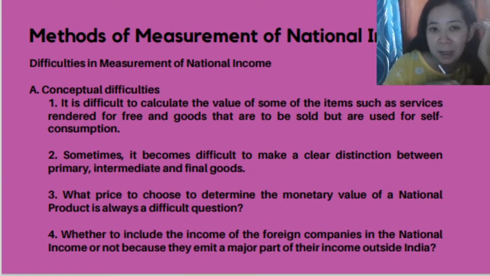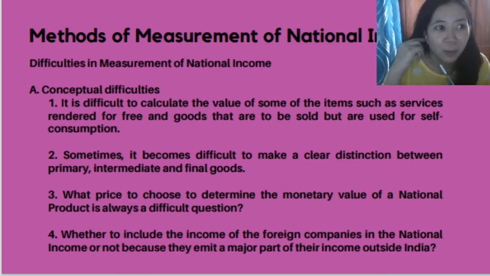Actually there is a definition of what final goods means. However, if you understand the process of production, especially, we have their inventories, like raw materials, work in process inventory, and the finished goods.